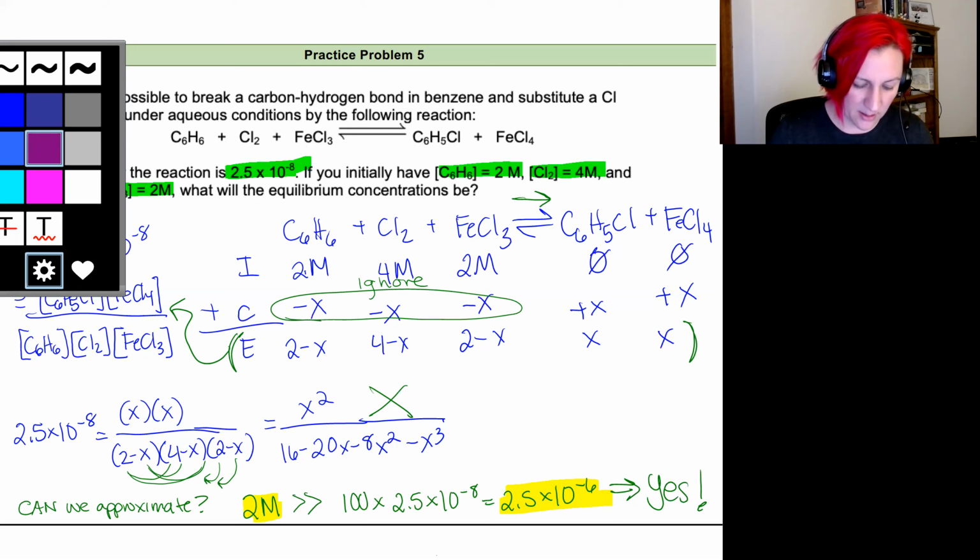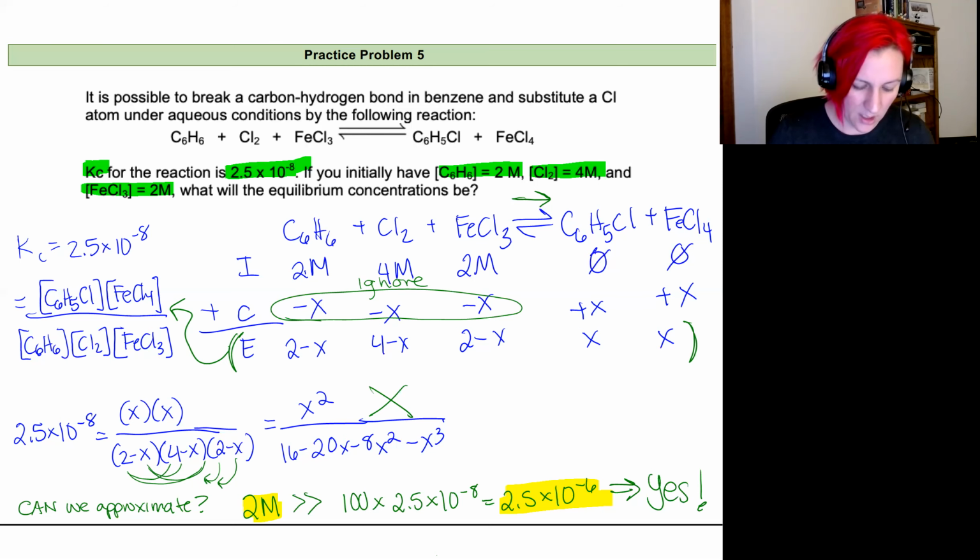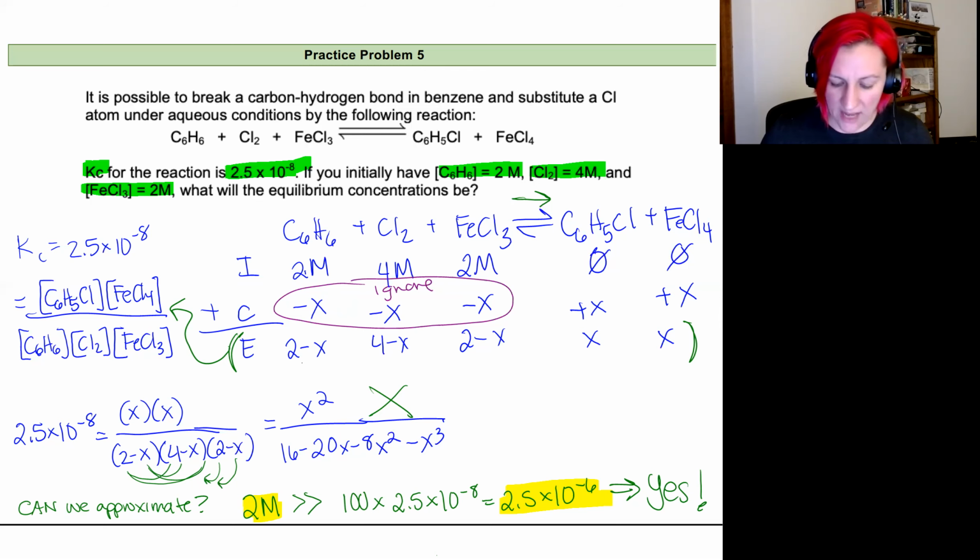I'm not sure if this is going to be enough contrast, but we'll try it. So really now, if we're going to ignore this, and I'll highlight this in a different color, we're going to have an equilibrium concentration of 2, 4, and 2 for those reactants.